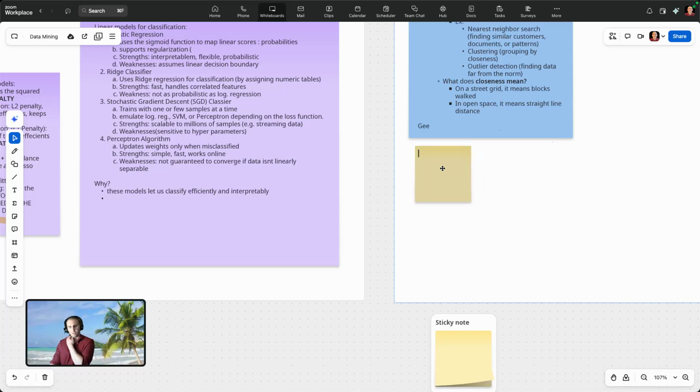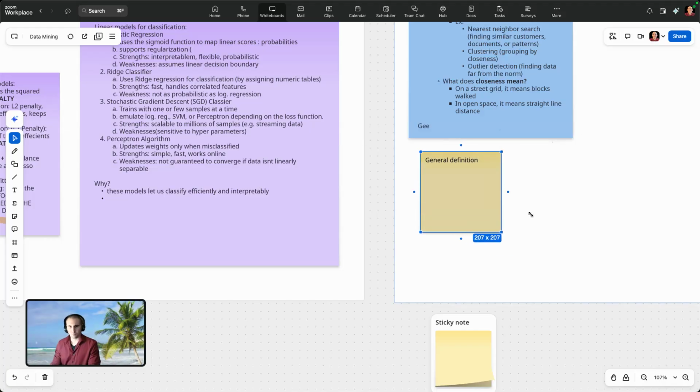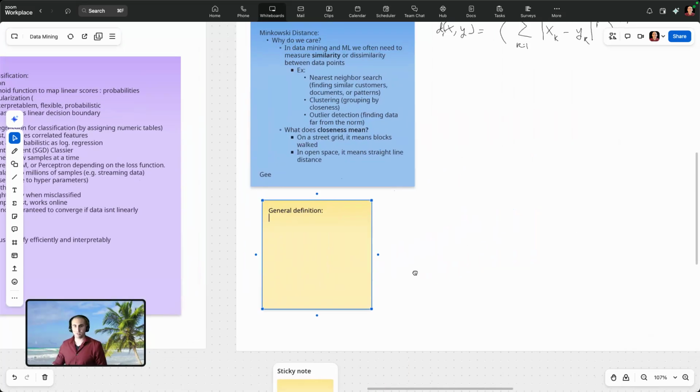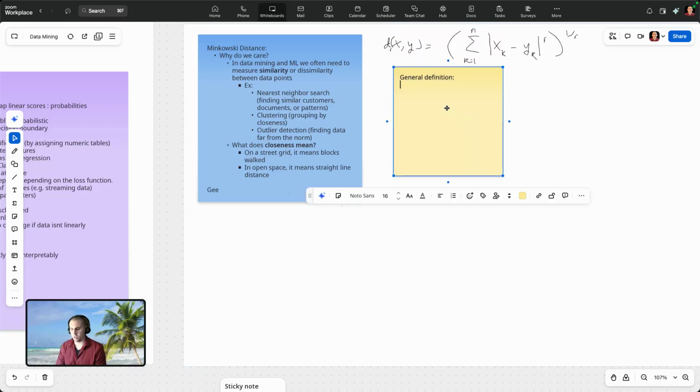So the general definition of the Minkowski distance, which we have that formula up there, is a flexible formula that generalizes many common distances.